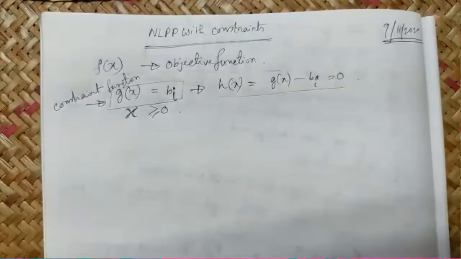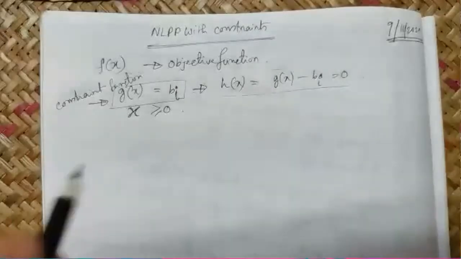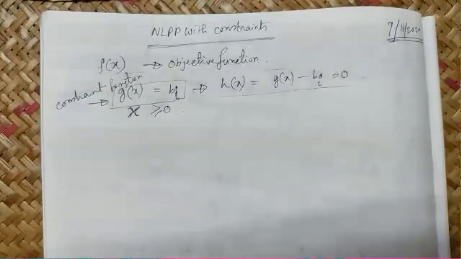So now we'll rewrite this objective function, combining it with the constraint function, into a Lagrangian function using the help of the Lagrange multiplier.